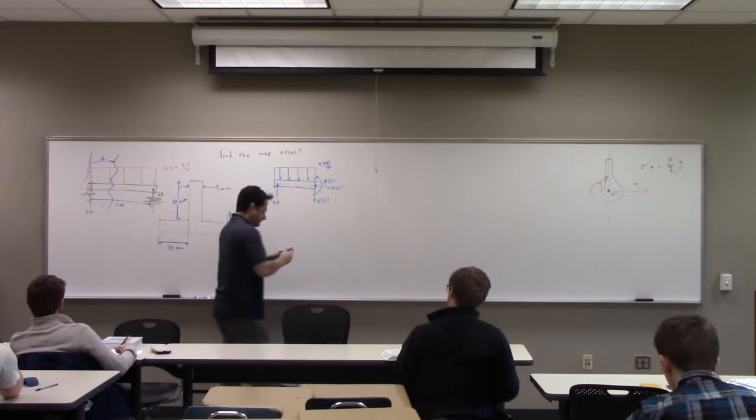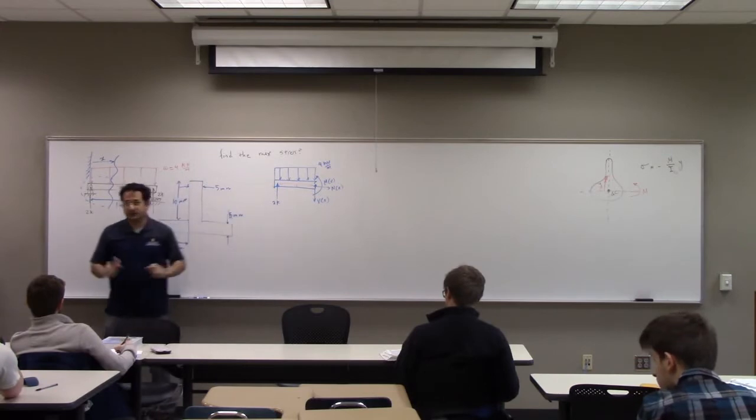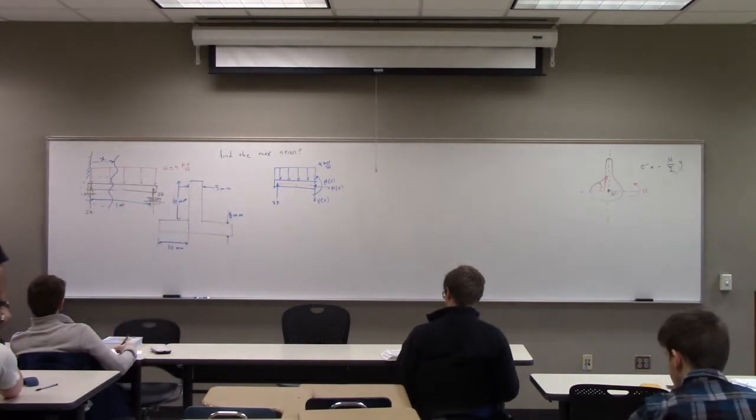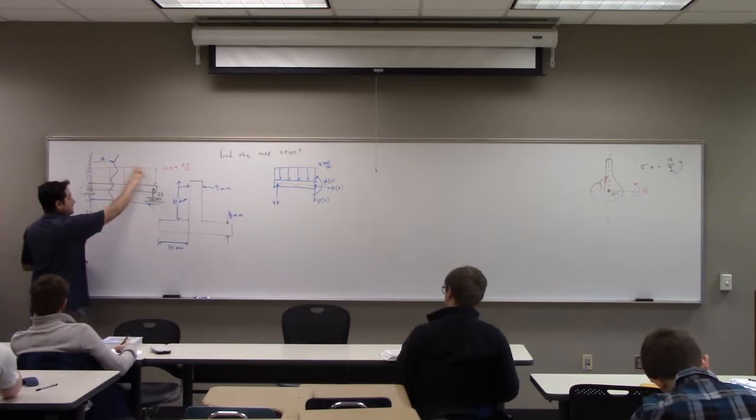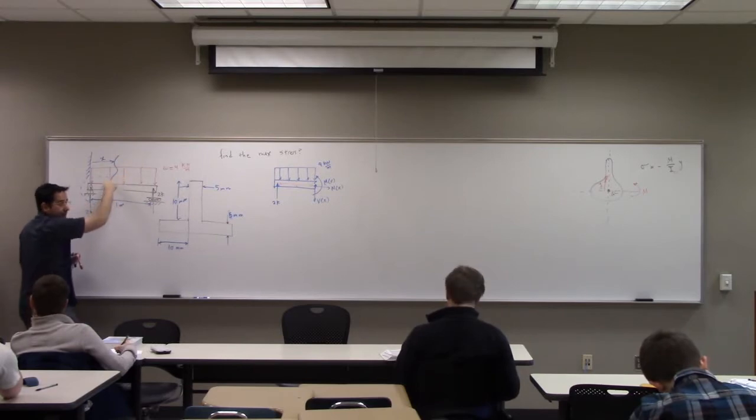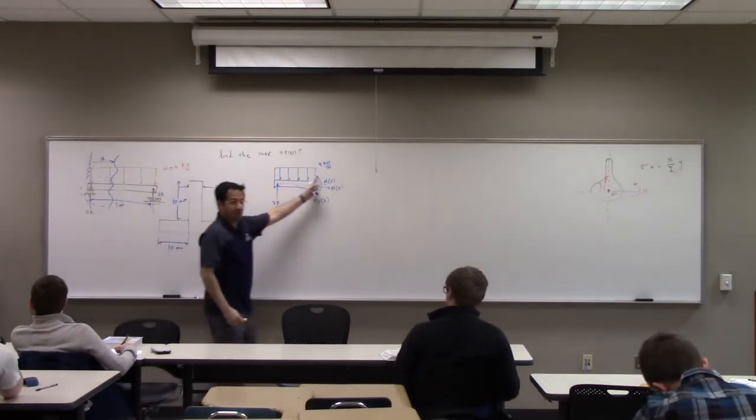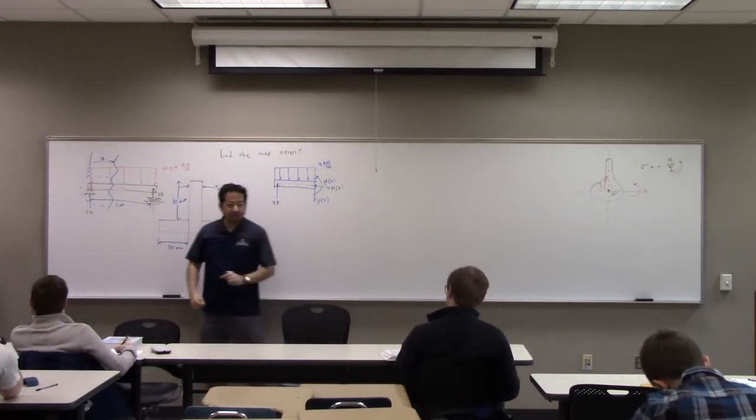So that's my FBD. Again, the key to drawing the moment diagram when you have a distributed load is to not replace it with a single load first. If you replace that with a single load in the center, you wouldn't have anything here, and that's non-physical.